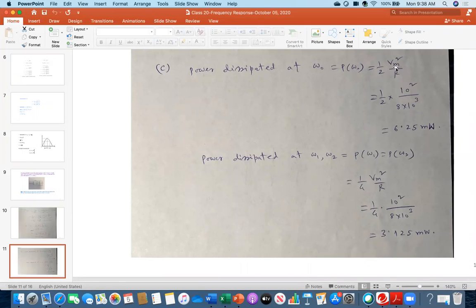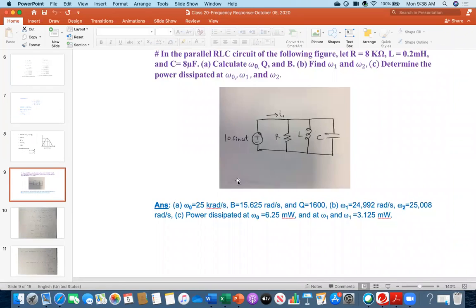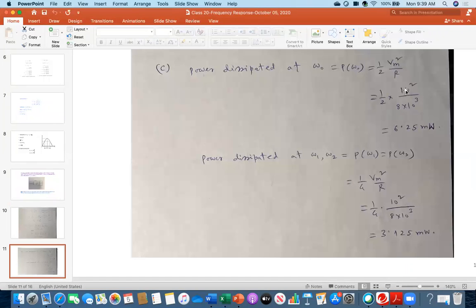So what is the value of Vm? This is the magnitude or amplitude of the voltage. Again, it does not matter if it is sine omega t or cosine omega t. So that's why this Vm became 10. This is the R value. I am getting 6.25 milliwatt.